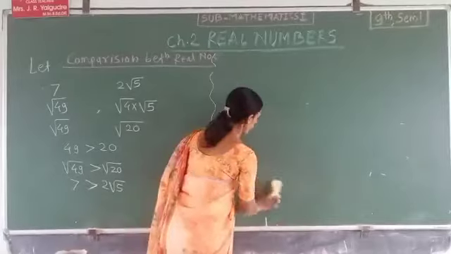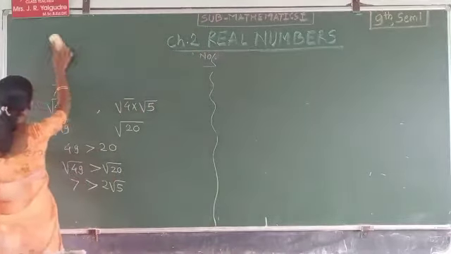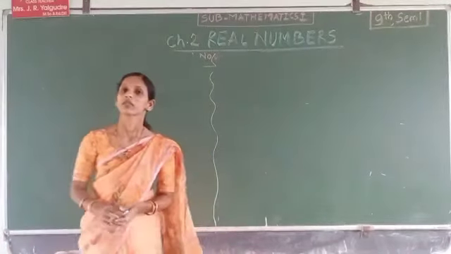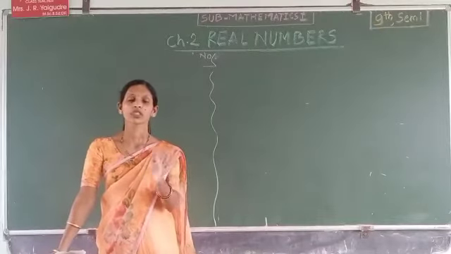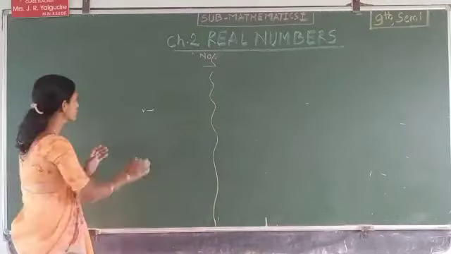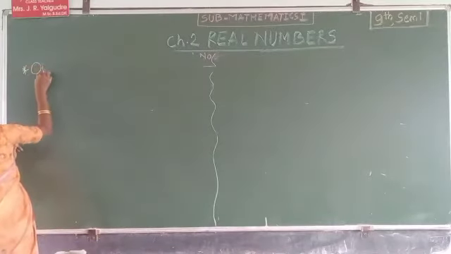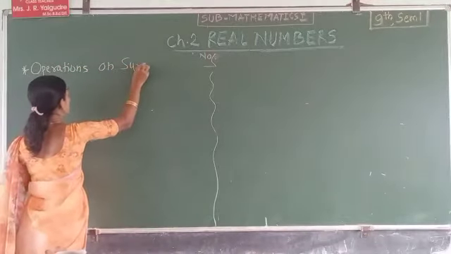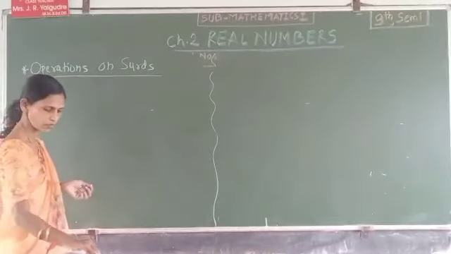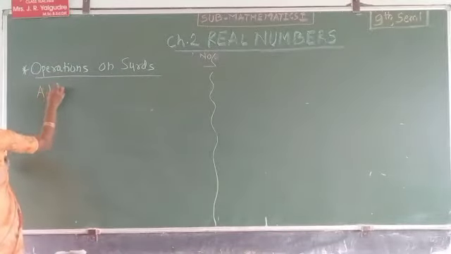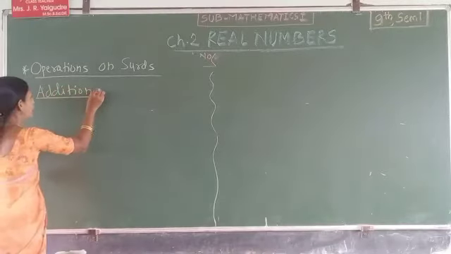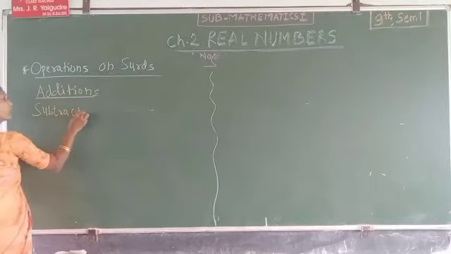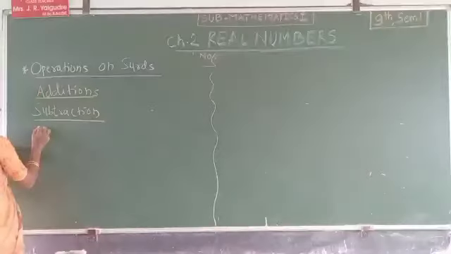Then we will solve a few examples based on the different types of operations which take place on surds, that is addition of surds as well as subtraction of surds.